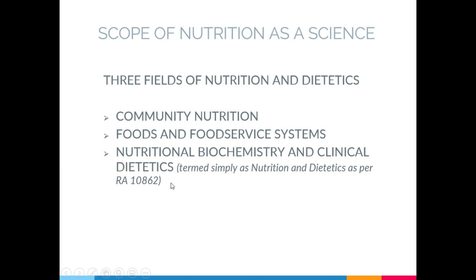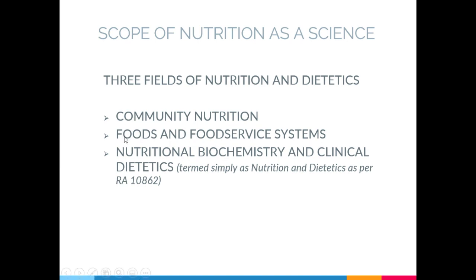The third field can be termed simply as nutrition and dietetics as per RA 10862. RA 10862 is the Nutrition and Dietetics Law of 2016. So in that law, we can find the composition of the board exam.